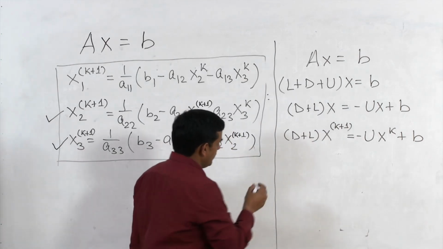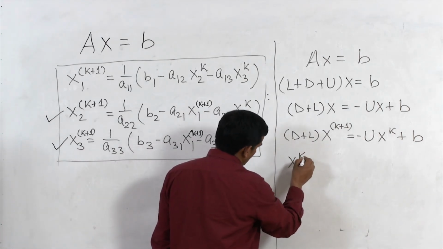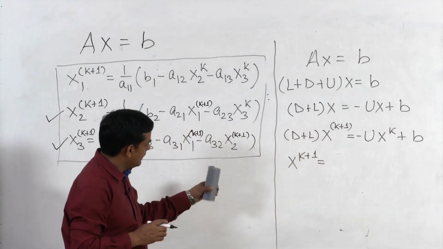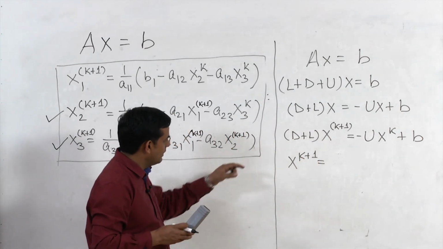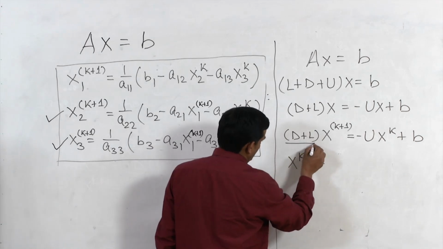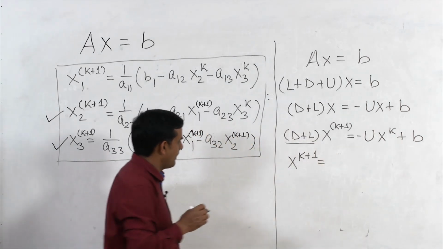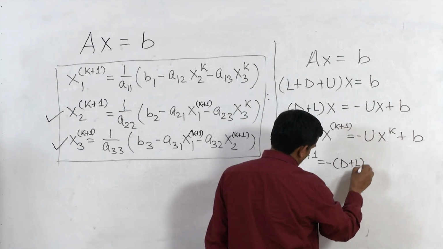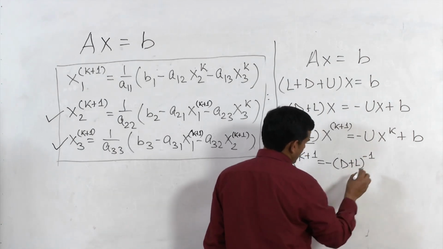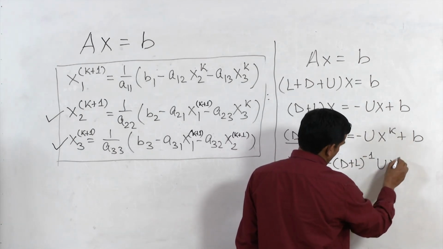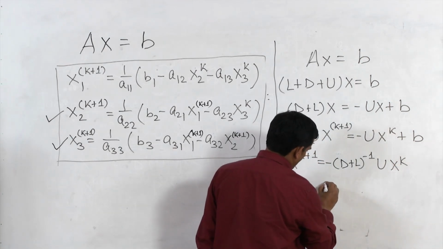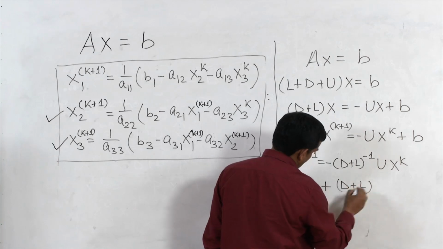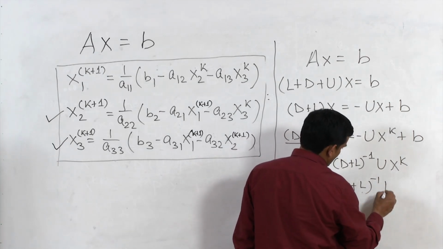So, this equation can be written in a more appropriate form, just pre-multiplying by the inverse of this matrix. So, it will become x at k plus 1 equals minus D plus L inverse U x k plus D plus L inverse b.